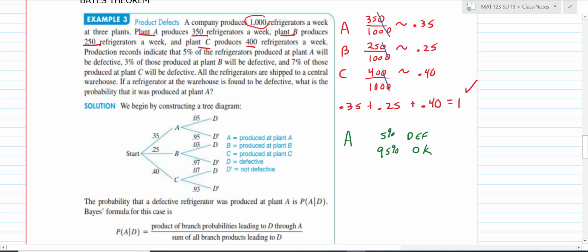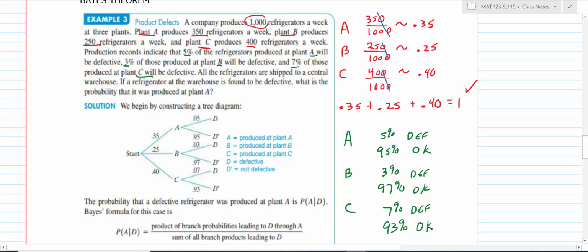And then 3% at Plant B are defective. How many percent are okay then? Right, 97% are okay. And then C, it says 7%. So at Plant C, 7% are defective, therefore how many are okay? Right, 93%. So we got everything there.